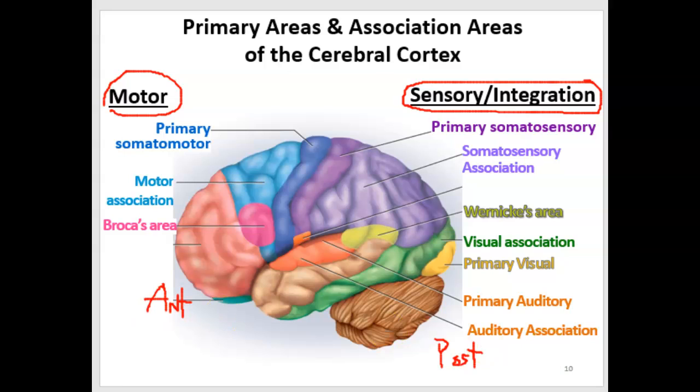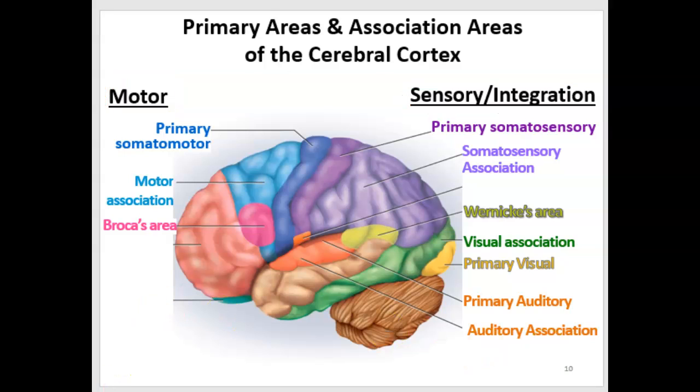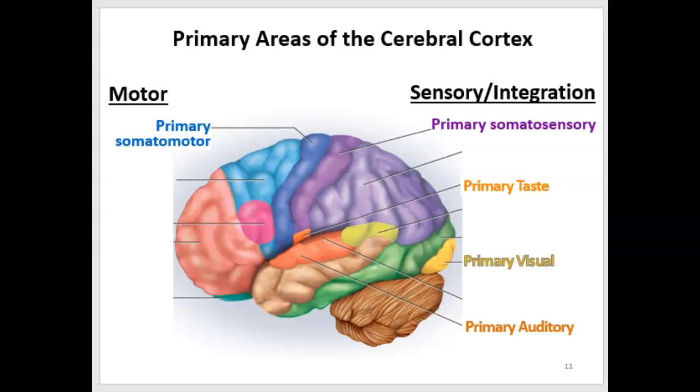So now we're going to look at really specific areas. Let's begin with primary areas. You already know where the primary somatic motor information is.